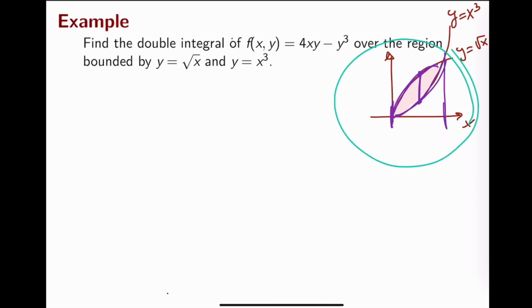Now we need to look at this region from this direction. Let's say that we rotate this graph like this and try to see what would be the variation of x if we consider now that y varies between two constants, 0 and 1.